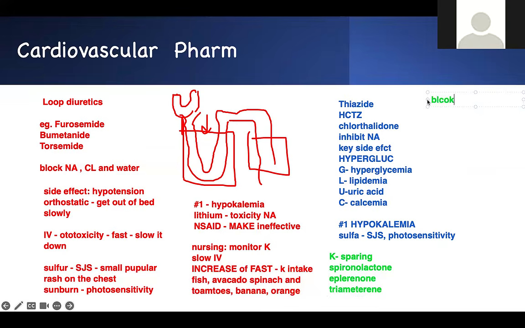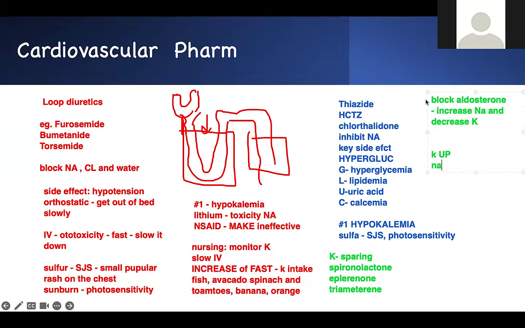Going to block aldosterone. Aldosterone, what is that? Aldosterone usually causes increase what? Sodium and decrease potassium. If you block aldosterone, that means your K is up and your sodium is down.